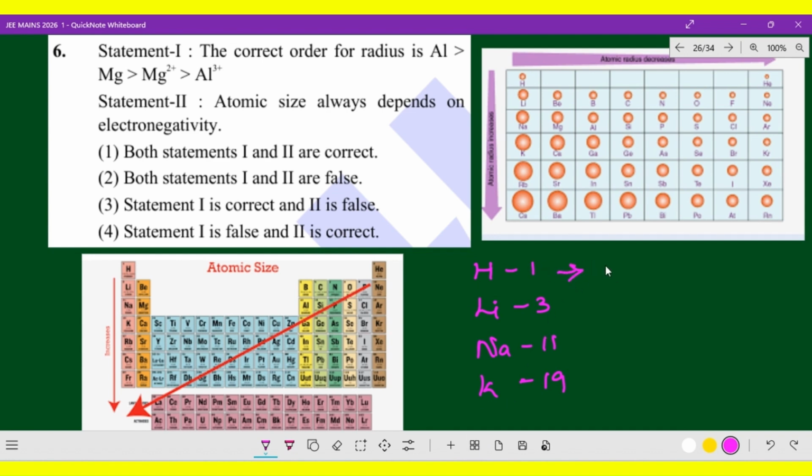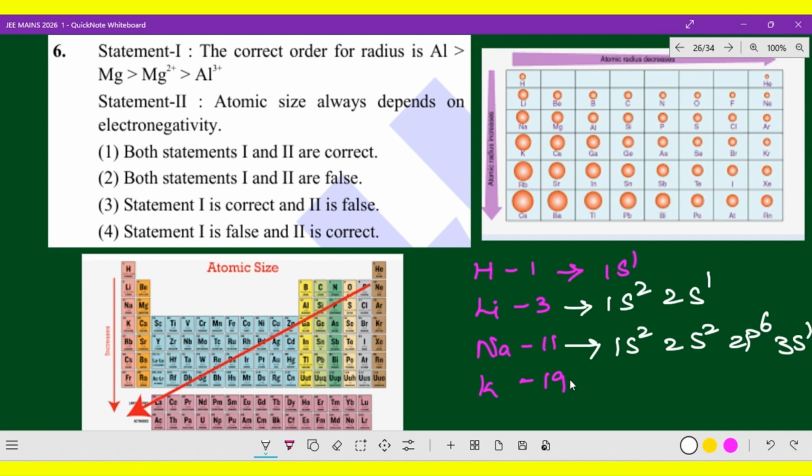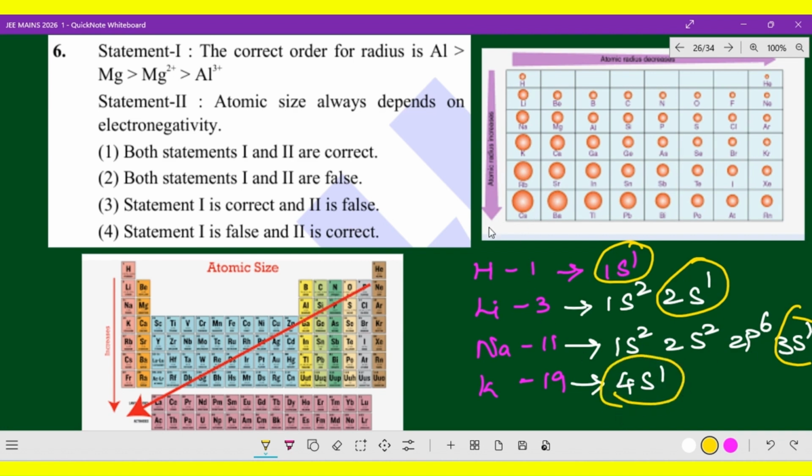The electronic configurations are 1s1 for hydrogen, 1s2 2s1 for lithium, 1s2 2s2 2p6 3s1 for sodium, and 4s1 for potassium. So the outermost shell number keeps increasing: first shell, second, third, fourth, then fifth and sixth for rubidium, cesium and francium.